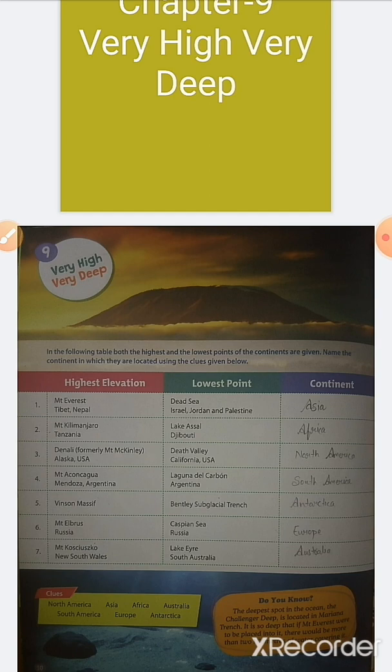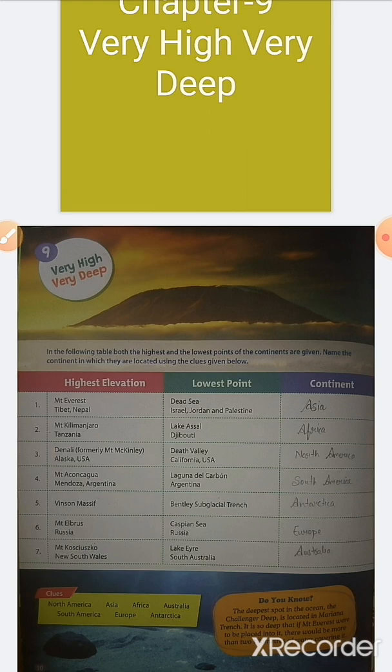Laguna del Carbon is a salt lake in Argentina, and it is 105 meter depth. It is among the lowest points on the surface of the earth not covered by ocean.